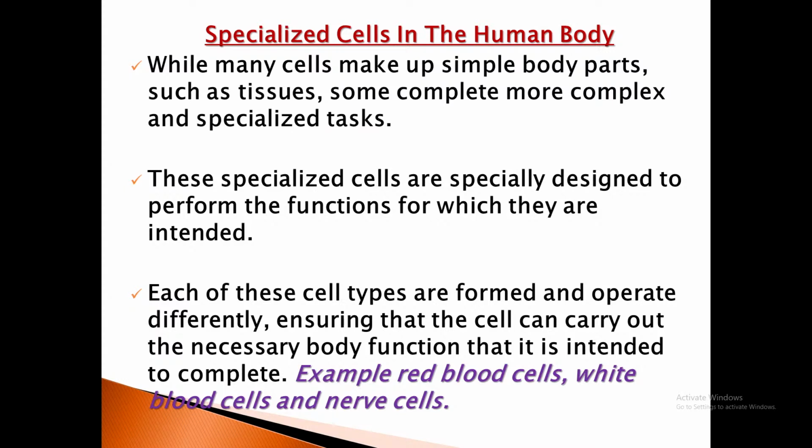And again, the main function for your red blood cell is to pick up and transport oxygen around the human body. So you will not find another cell inside the human body that picks up and transports oxygen. Only your red blood cell will basically do that, because that is the special function, that is the single function of your red blood cells.